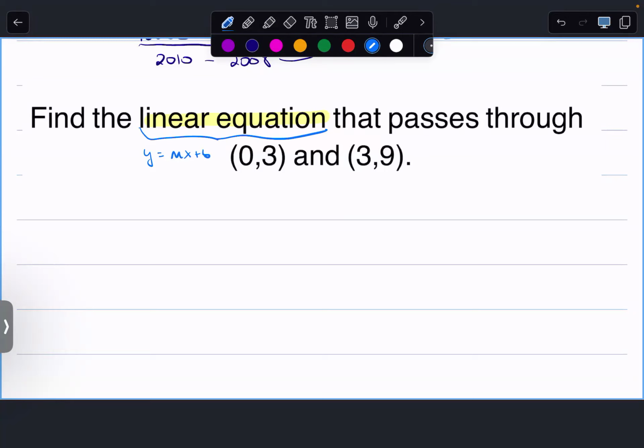I want you to think about how you would do it before we do it together. Obviously, I'm going to walk you through it, but I'll tell you that the first step is to find the slope, which you know how to do. But then try to figure out how you would find b.